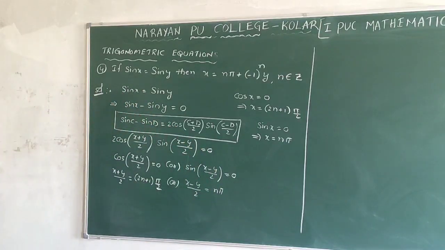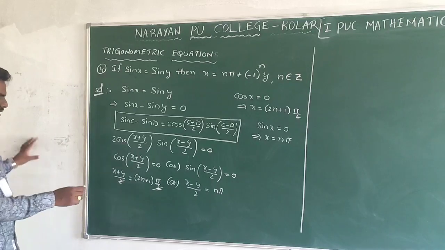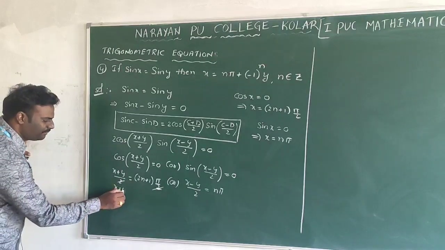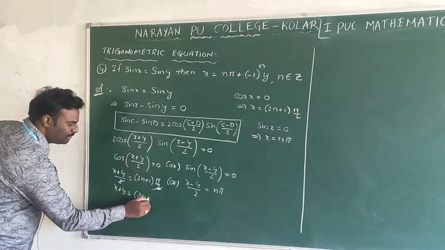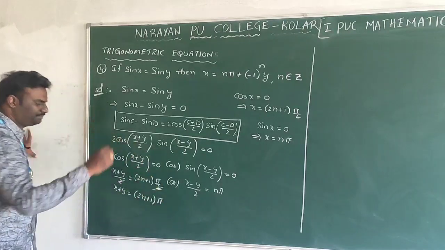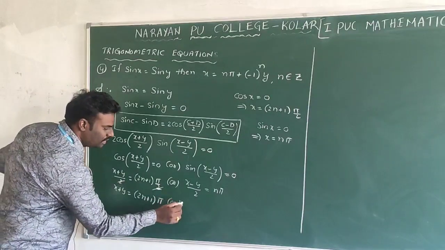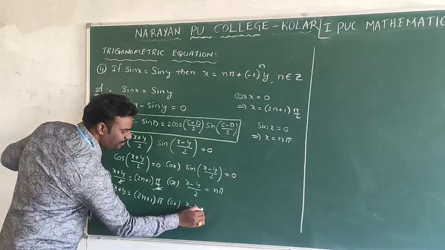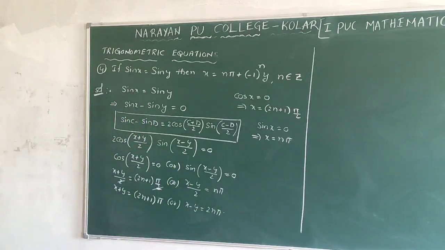If you cross multiply here, 2 and 2 get cancelled. Now x plus y is equal to (2n+1)π, or x minus y is equal to 2nπ.